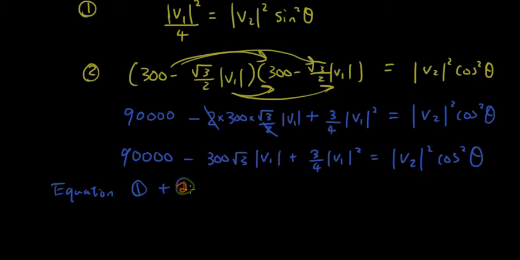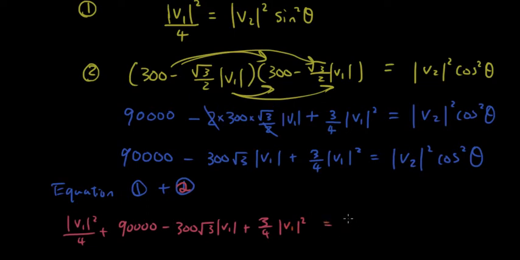Equation 1 plus equation 2. So it's going to be v1 squared over 4 plus 90,000 minus 300 square root of 3 v1 plus 3 over 4 v1 squared equals v2 squared sine square theta plus v2 squared cos square theta.